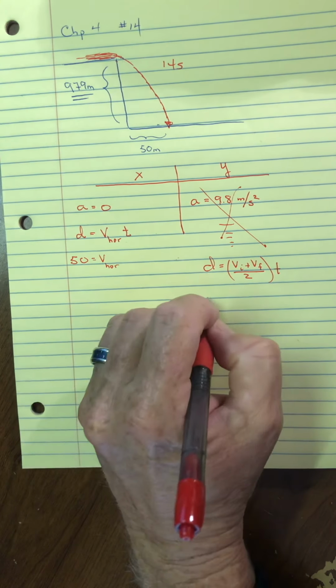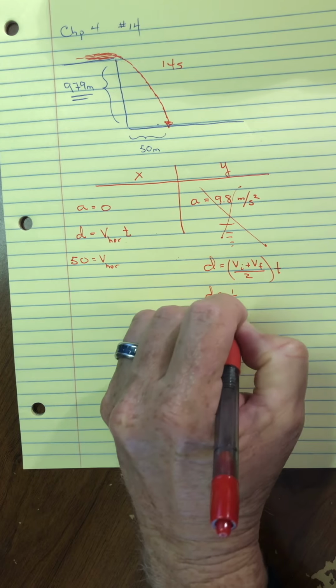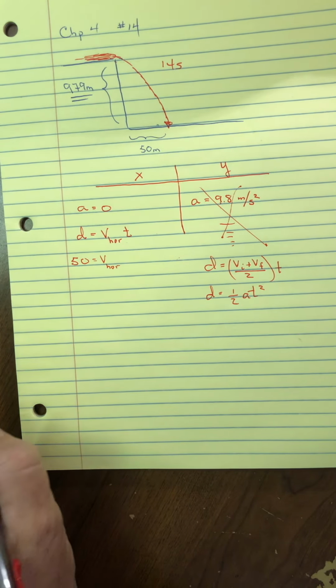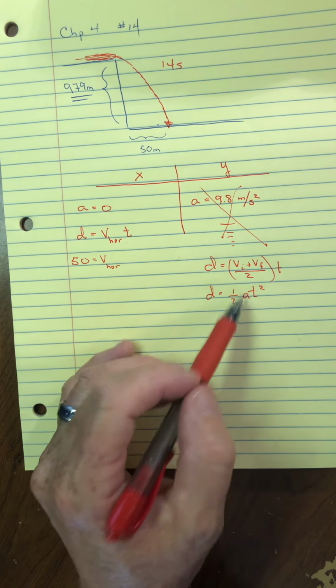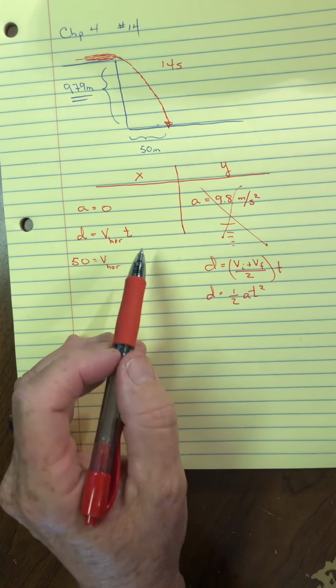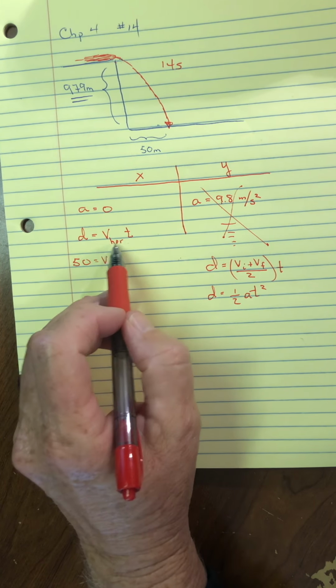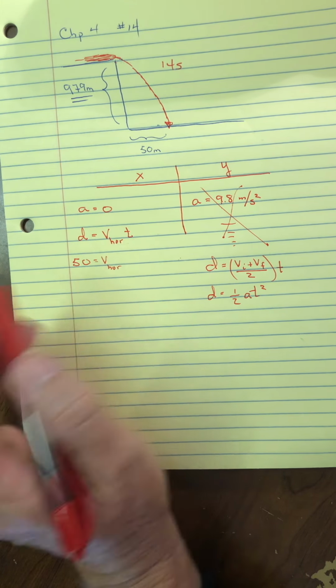Or if there's no initial speed, we've got that other formula, 1/2 at squared. And if there was an acceleration, we would have to factor in a beginning and ending speed. But in this case, there is no beginning or ending speed. So it's just speed times time.